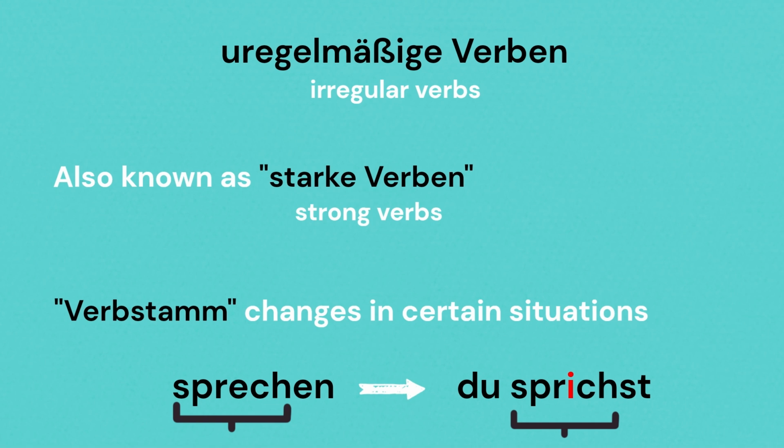With the pronoun du, the verb ending should always be st. Hence, sprichst has the Verbstamm sprich plus the ending st. Du sprichst. In the next two lessons, we will be conjugating a few regular verbs and a few irregular verbs in detail. Let's first quickly go through some of the verbs you should know.